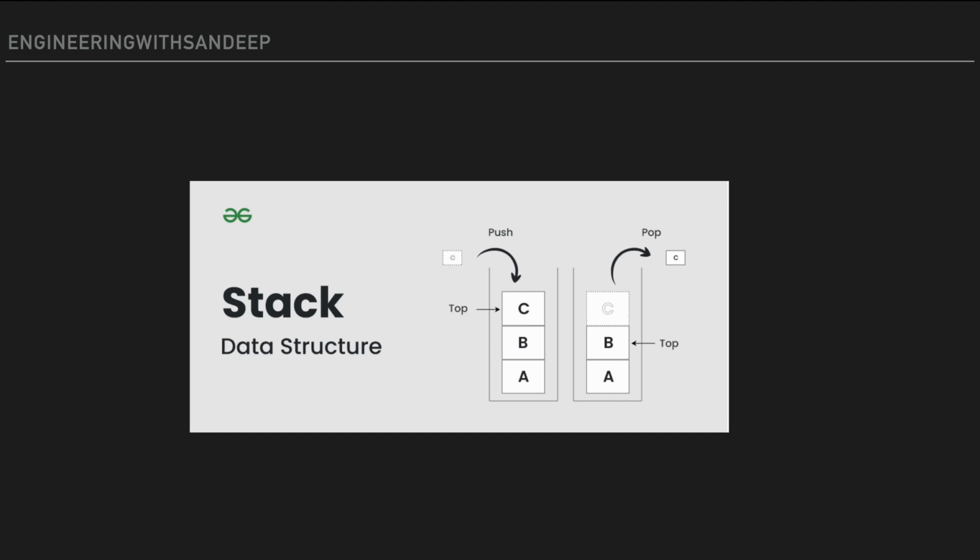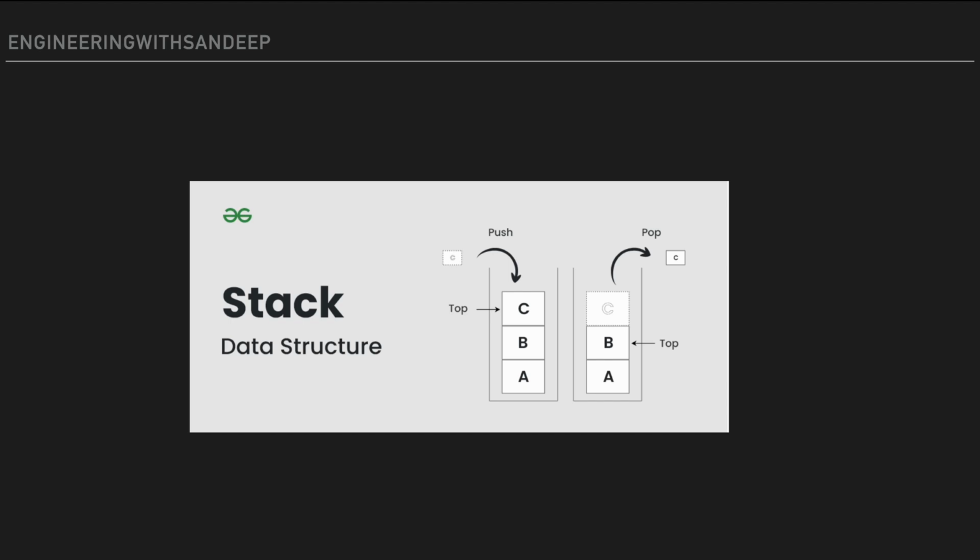Consider a stack as a container, and the container holds tennis balls, correct? When you run the push method, it will add that tennis ball to the top of the stack. And when you run the pop method, it will remove the last added element from the stack.